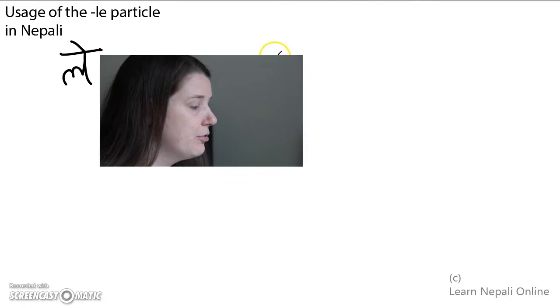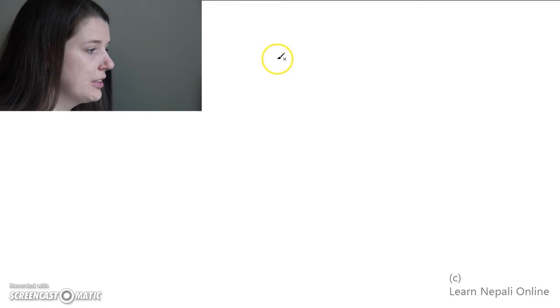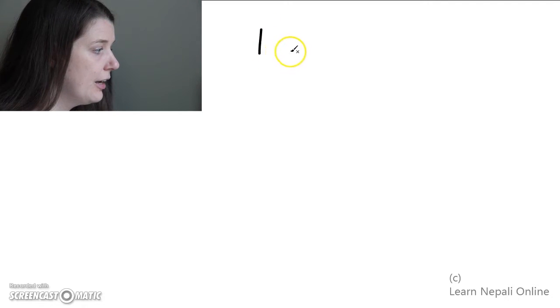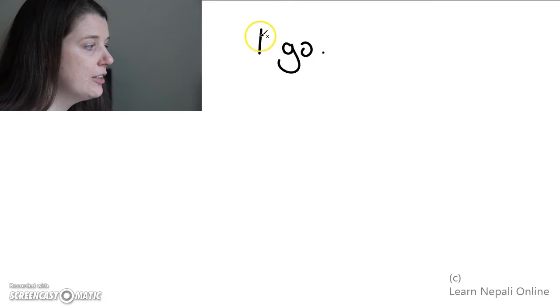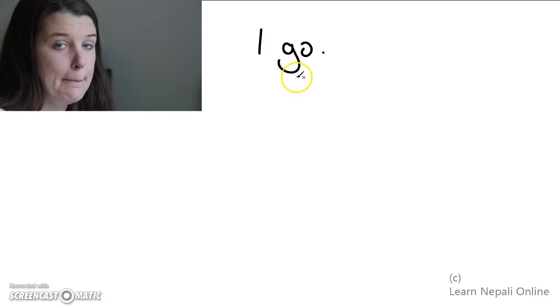So an example in English for an intransitive verb is, for example, to go. So you would say I go. This sentence is complete as such. You have I, the subject, and go is the verb, and that's it. I go. It doesn't need an object.